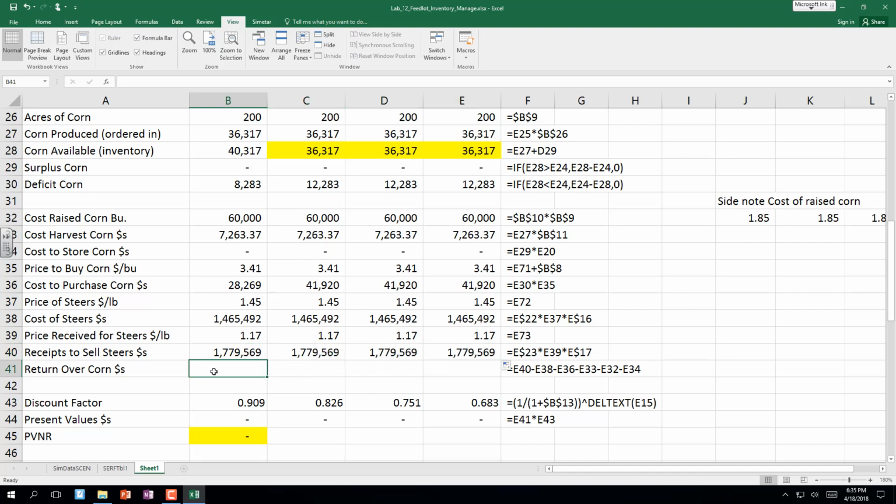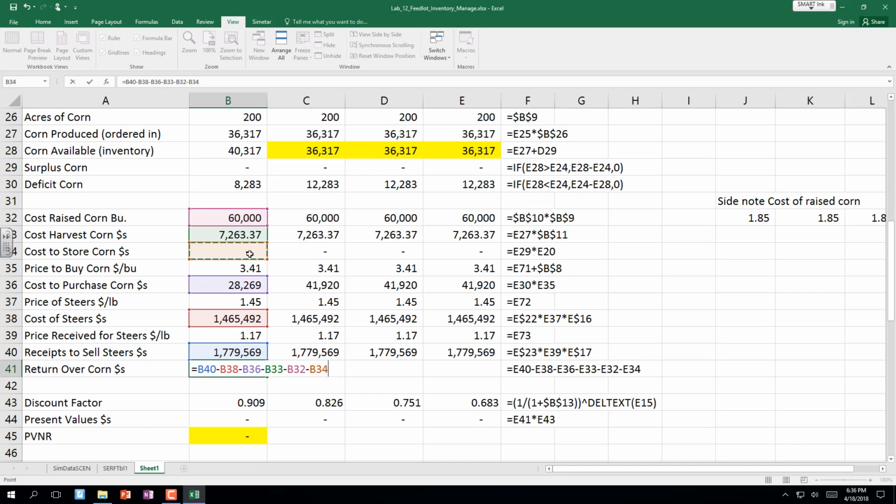So our return over corn, and if I could have made a more complicated formula, I would have, I guess, is equal to the receipts for steers minus the cost of buying steers in B38, minus the cost to purchase any surplus corn that we needed, deficit corn, in B36, minus the value in B33, which is the cost to harvest corn, minus the cost to grow it in B32, minus the storage cost of corn in B34.